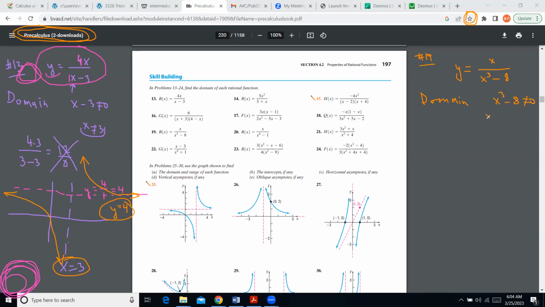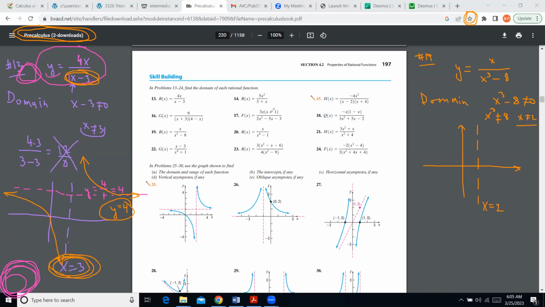So this means that x to the power of 3 is not equal to 8. And when I cube root both sides of this equation, then I get that x is not equal to 2. So 2 to the power of 3 is 8. So I'm going to get this so-called vertical asymptote, x is 2, just like in the previous exercise with denominator x minus 3, we had vertical asymptote x equals 3.